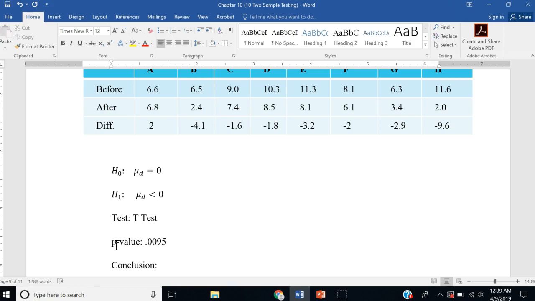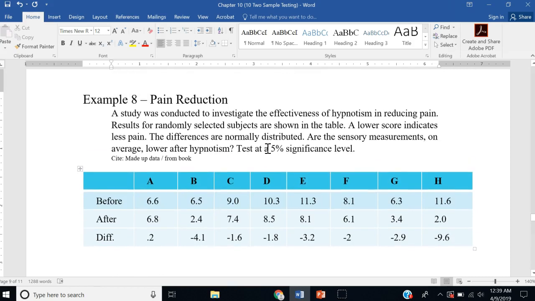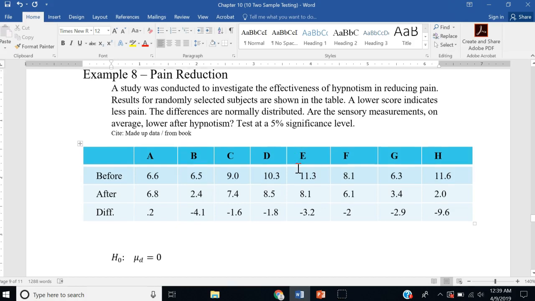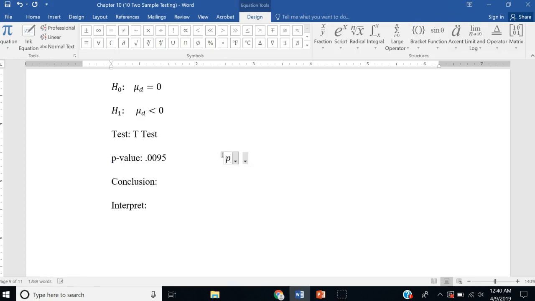All right, so t-tests with data, and we're getting that. Now, that p-value, we tested at the 5% level of significance. That means alpha is 0.05. So in this case, we go p is less than alpha.